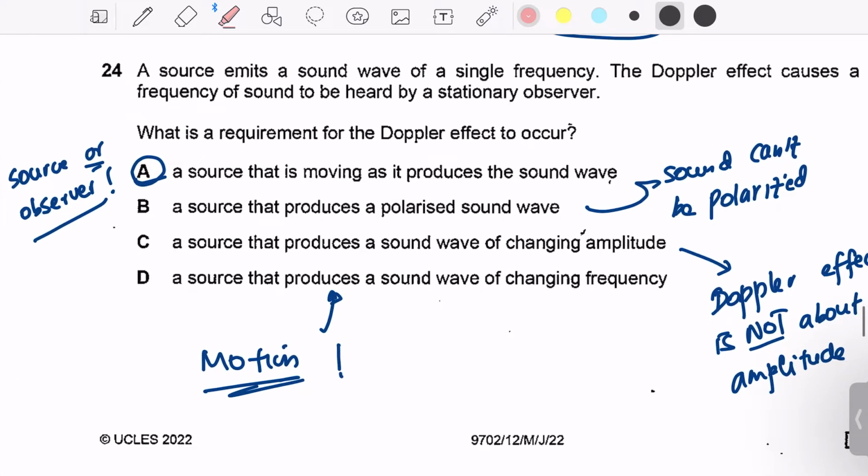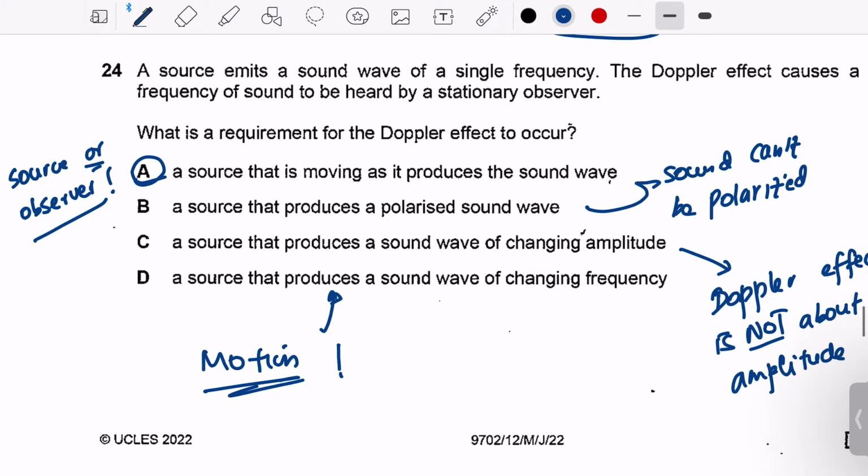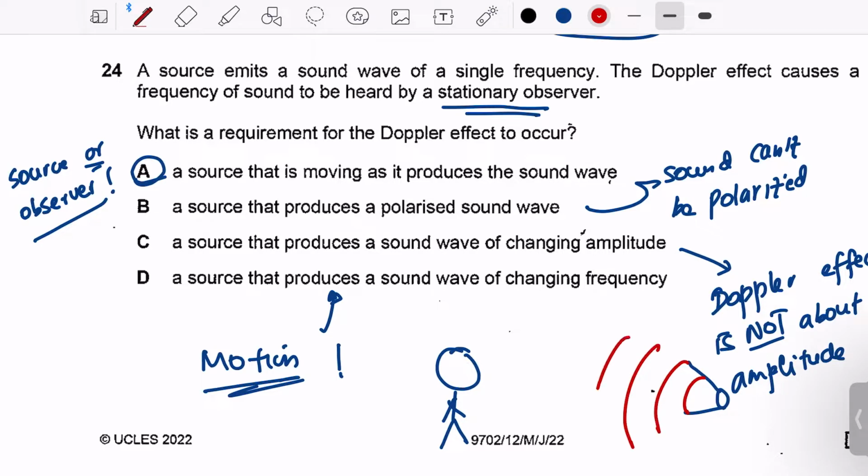Question 24. A source emits a sound wave of a single frequency. Doppler effect causes a different frequency of sound to be heard by a stationary observer. All right, what is Doppler effect? Let's try to understand here. This is the observer, and this is, let's say, the sound source, or any wave source, it does not matter actually.